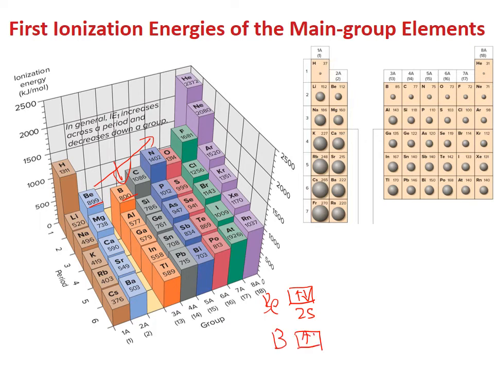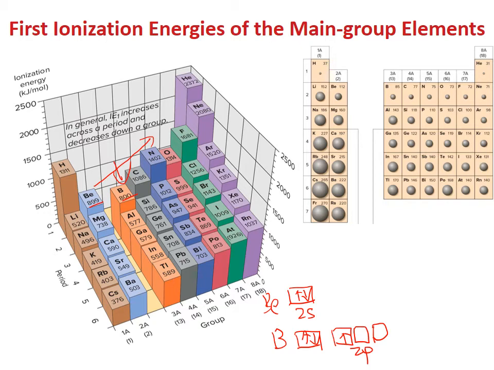So boron has 2 electrons in the 2s orbital and 1 electron in the 2p orbital. Remember, half-filled or filled orbitals are more stable.